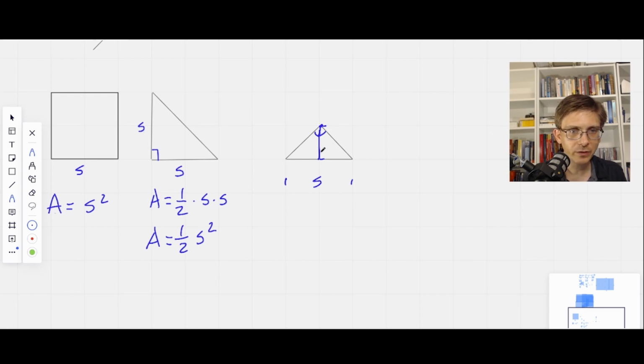And if we look at what this altitude has done, it's broken up the triangle into 2 right triangles as well, because this is a right angle because I've drawn the altitude. And because it's an isosceles right triangle, this angle right here is equal to this angle right here.